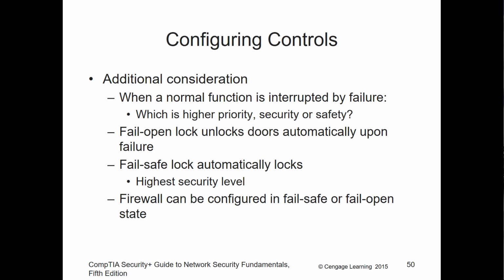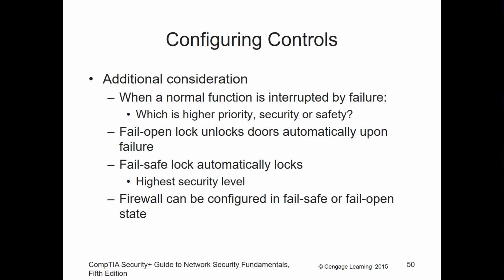When a normal function is interrupted by a failure, we should also understand how to recover. How large of a priority is it? How secure is the rest of the organization because of that failure? And again, part of those are the assessments that we've outlined earlier.